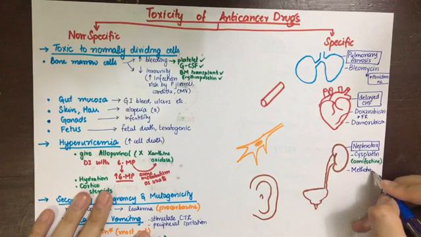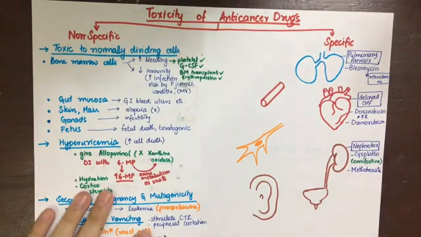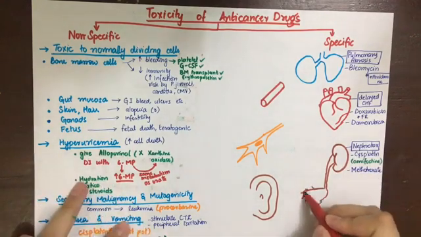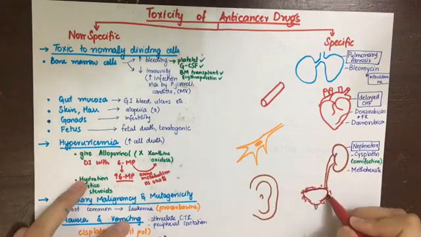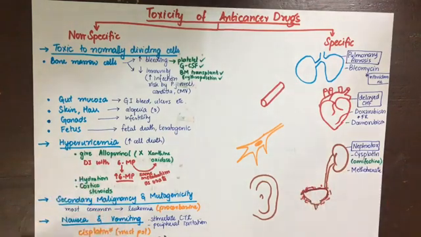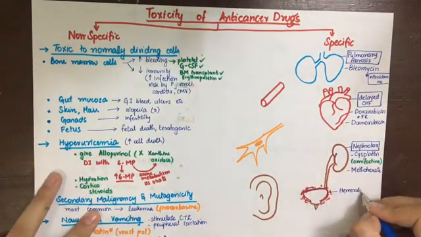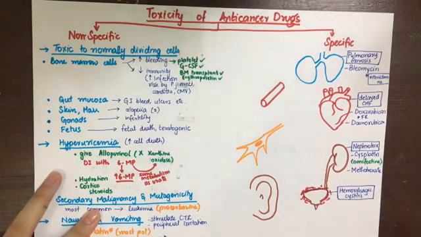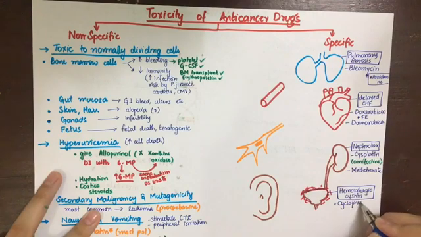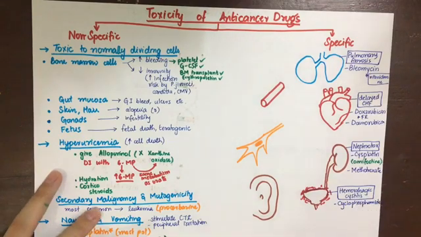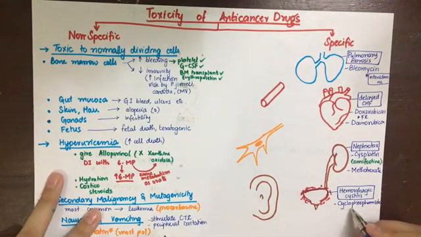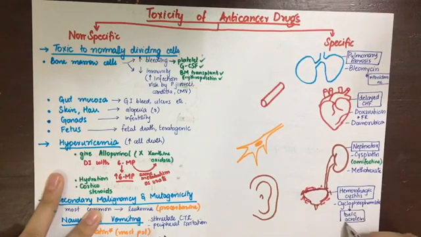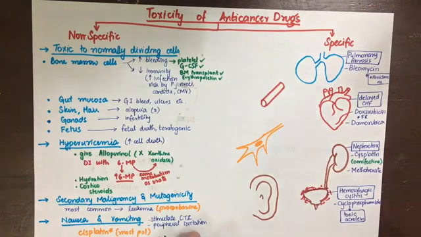Another unique side effect of cyclophosphamide is hemorrhagic cystitis. Now, this occurs because cyclophosphamide is converted into the active cytotoxic agent and another toxic metabolite that is called acrolein. This toxic metabolite will irritate the bladder mucosa and cause hemorrhagic cystitis, and this condition can be managed by administering mesna.